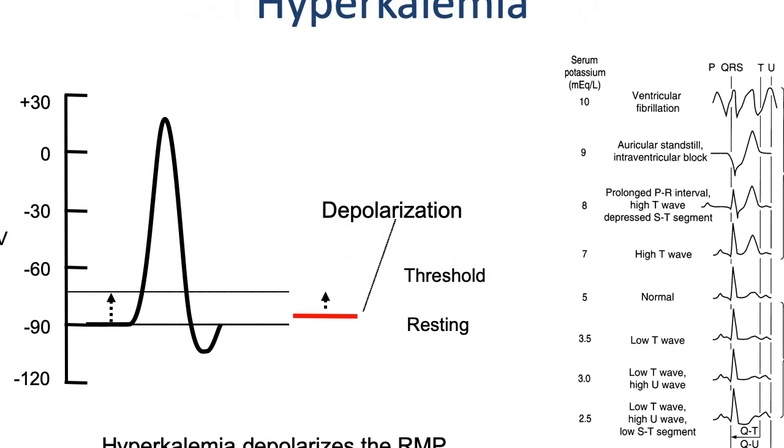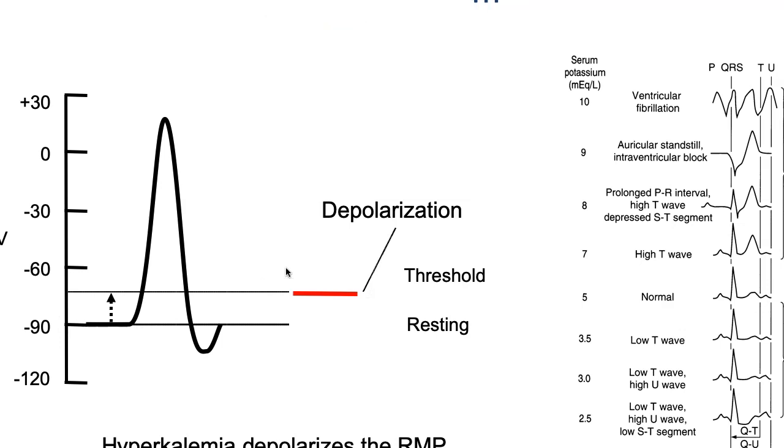Now, look at this. Hyperkalemia, increasing the extracellular serum potassium, will depolarize the resting membrane potential in excitable tissues. Instead of sitting down here by minus 90, a resting membrane potential much higher will get us closer to threshold, okay? And let's go back to that case.